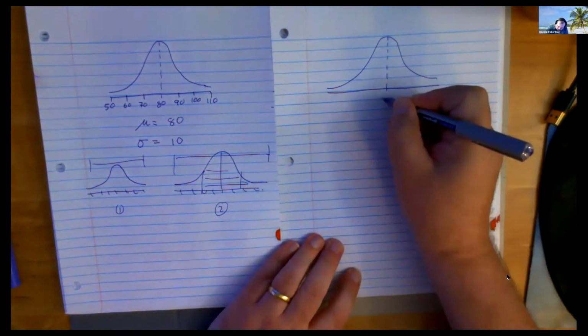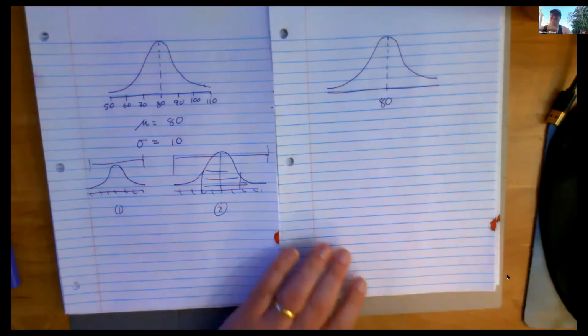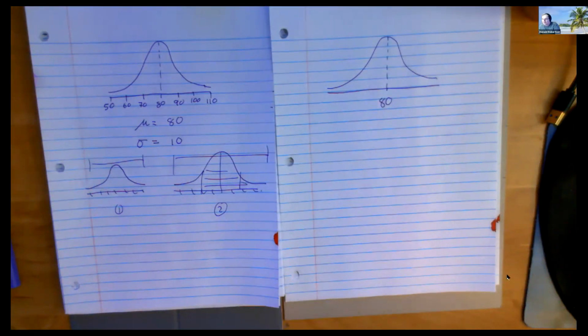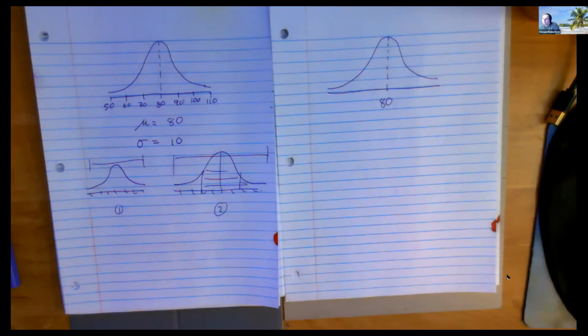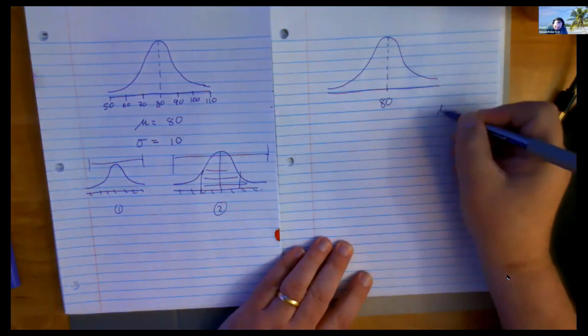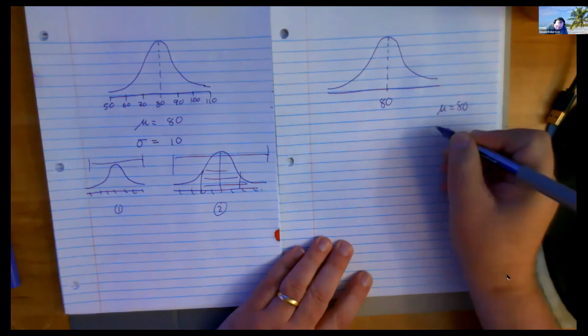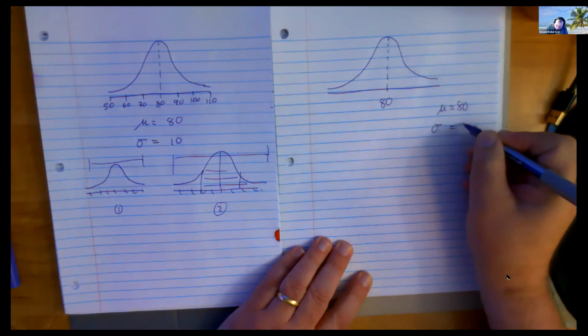Suppose that 80, whatever it is, units per cubic centimetre of potassium, would be the typical male potassium level, right? And let's suppose the standard deviation was 20.